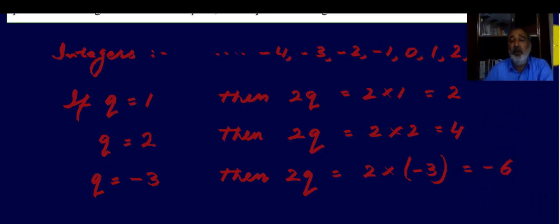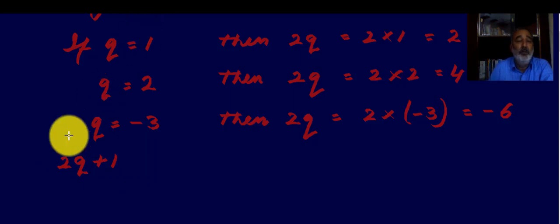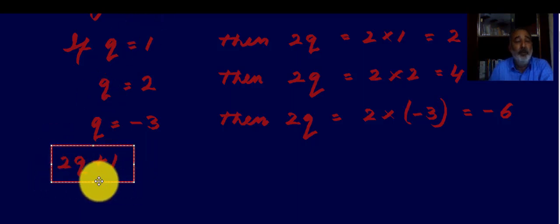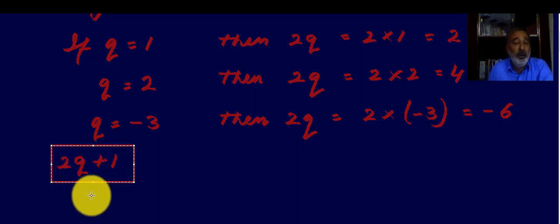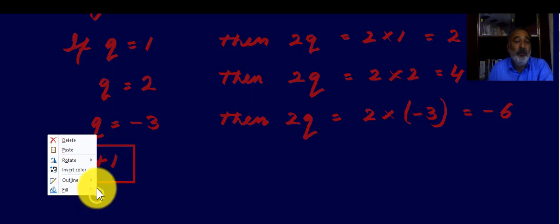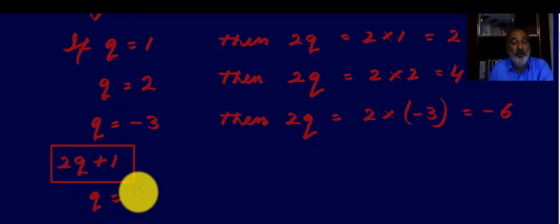Let's try some other form as well. What is the 2q plus 1 form? Let's start by taking q as positive integers. Positive integers were 1, 2, 3, 4 and so on. So let's try. Now I am taking q is equal to 4.